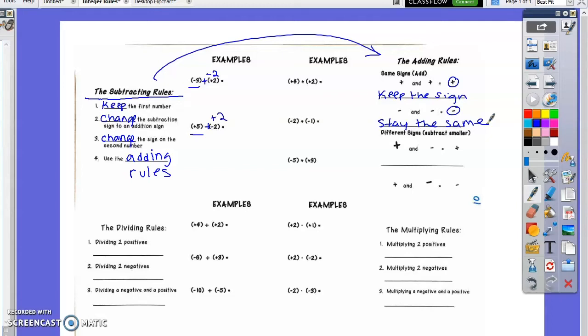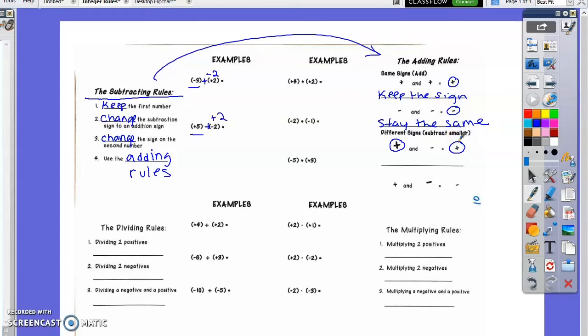All right? But what happens when you have different signs? What happens is you are going to want to keep the sign that is in line with the larger integer. So we will do an example of that, but first let's look at these rules. See how this positive is bigger than this negative? If the positive is larger than the negative, then you're going to keep it as a positive.